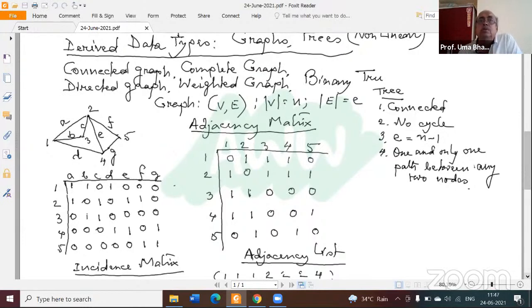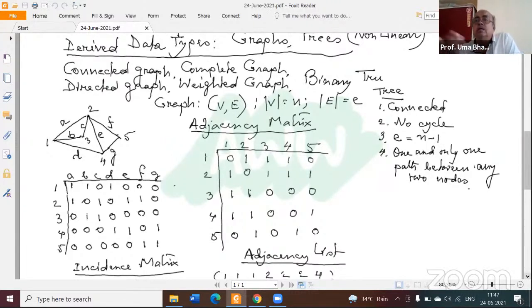And at the least, if this is a connected graph, it becomes a tree. We'll come to that later on. There, you cannot have any loop, and we will have n minus 1 edges. So the maximum value of e is n square, and the minimum value is n minus 1, depending on the situation, provided it doesn't have any self loop or any parallel edge.